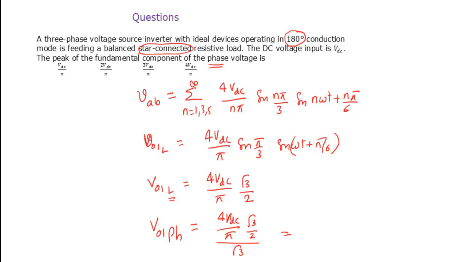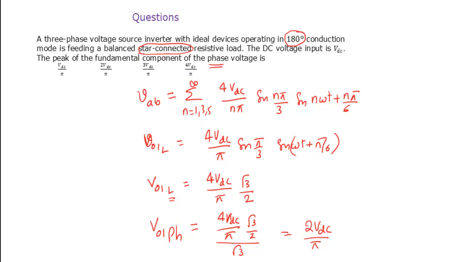Here root 3 gets cancelled, and the 2 gets cancelled two times, so you will have 2 VDC by pi. That's the answer.